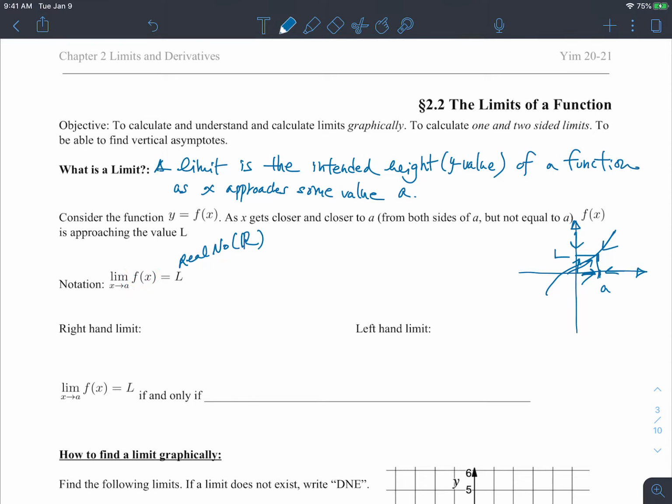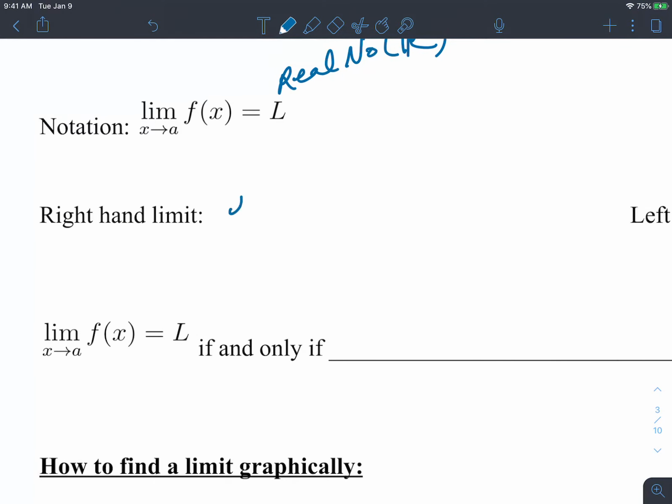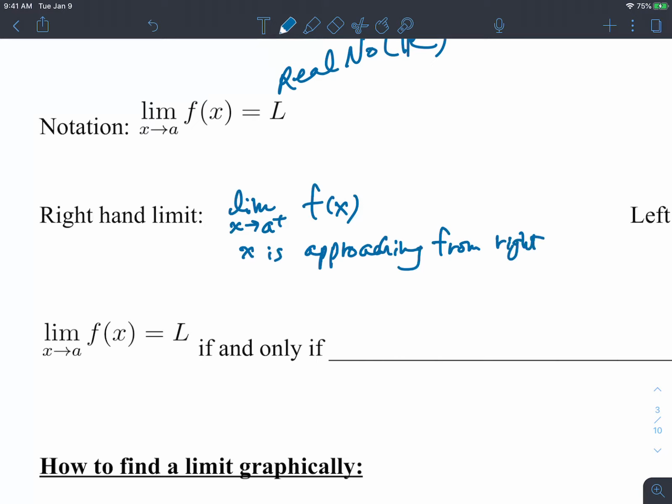And the right-hand limit will be written this way. It's the limit as x approaches a from the positive side, that's the right side, of f of x. What that means is that x is approaching from the right side, hence we have a positive sign.